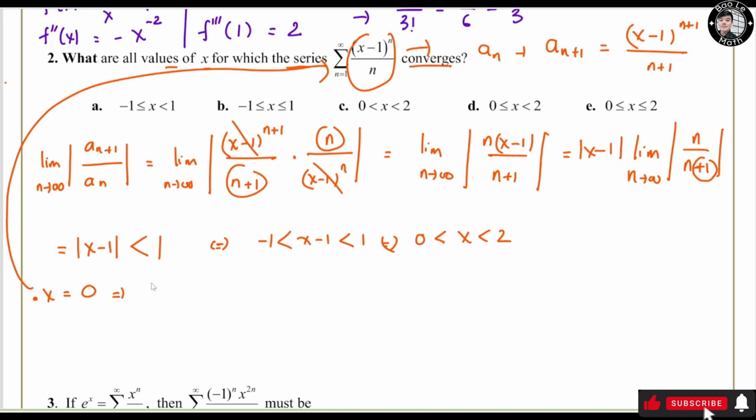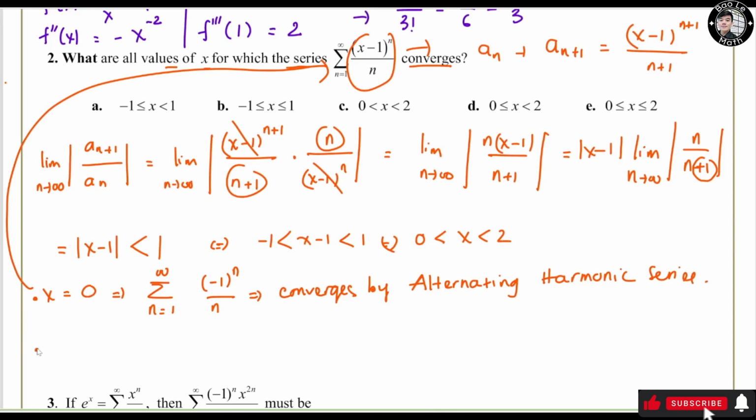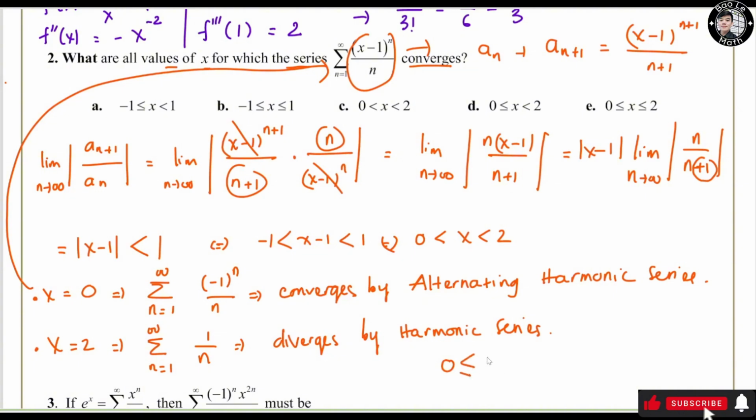We have the series negative 1 raised to the n over n, and this is the alternating harmonic series, so it converges. Now s equals 2. We have the series 1 over n, which diverges by the harmonic series. Finally, your answer should be 0 less than or equal to s less than 2.